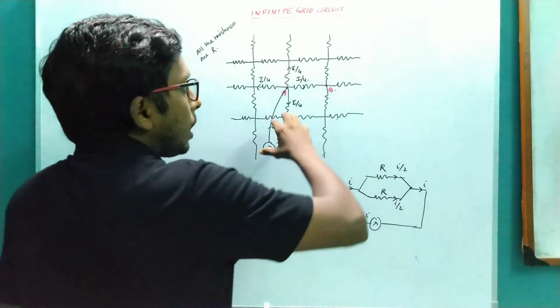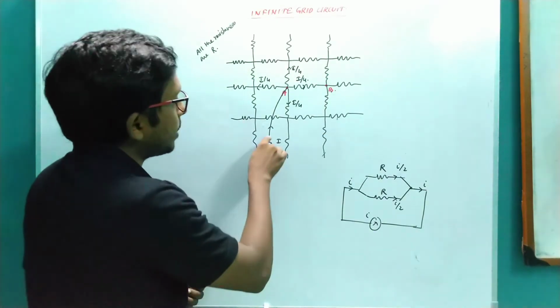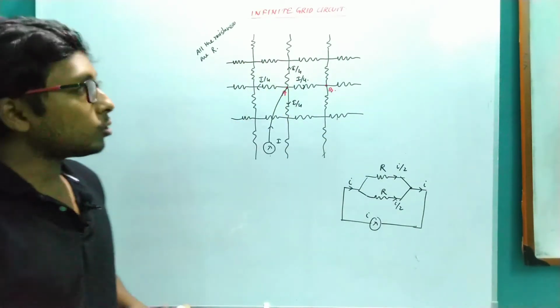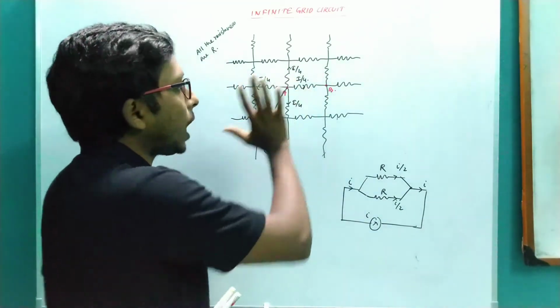So now I am not drawing I amount of current from B, I am just sending I amount of current through A. So now for this particular resistance, the amount of current flowing is equal to I by 4.